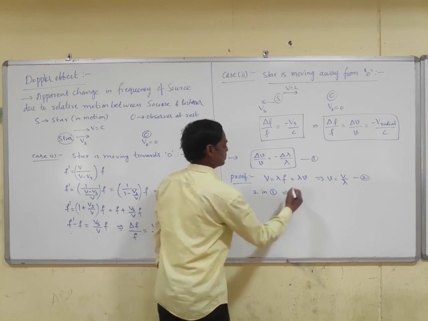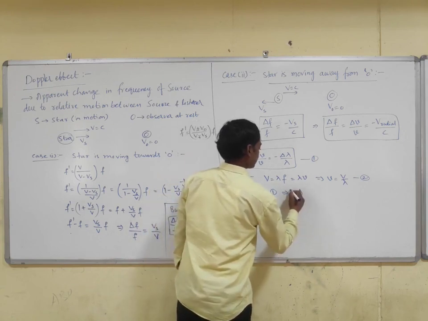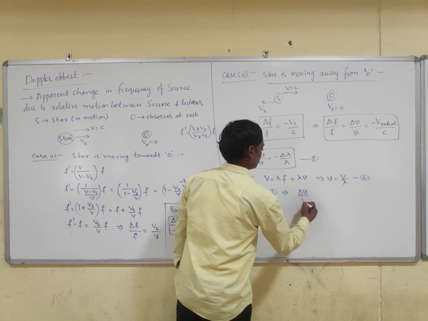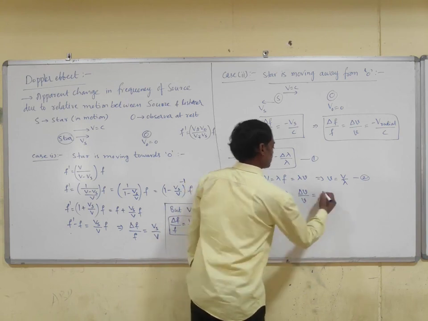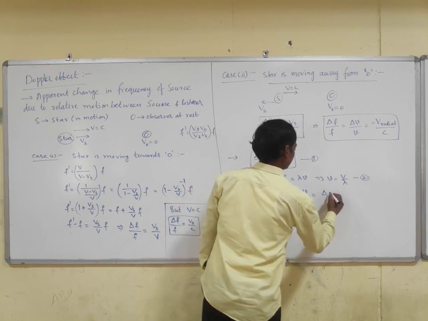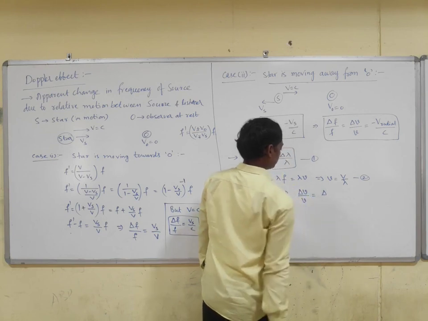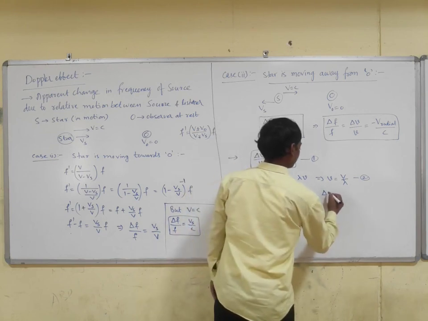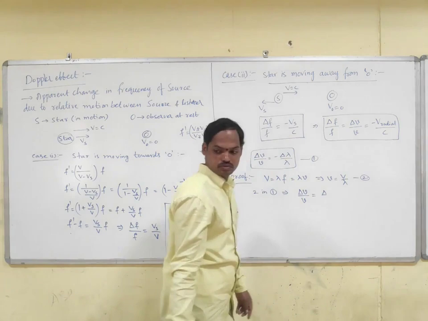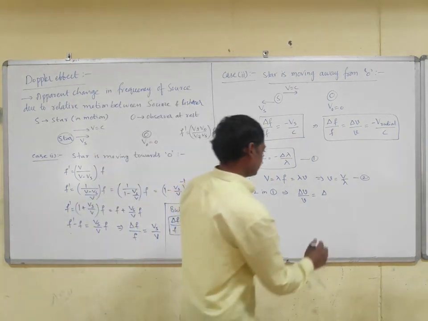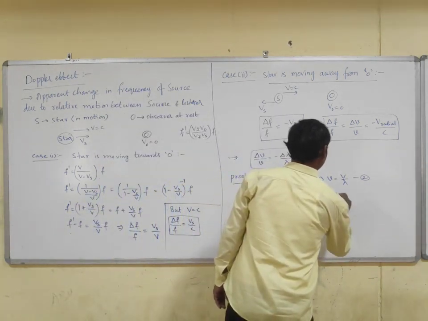Let us take the LHS, delta nu by nu. First let us find delta nu. So delta of V by lambda, by nu.